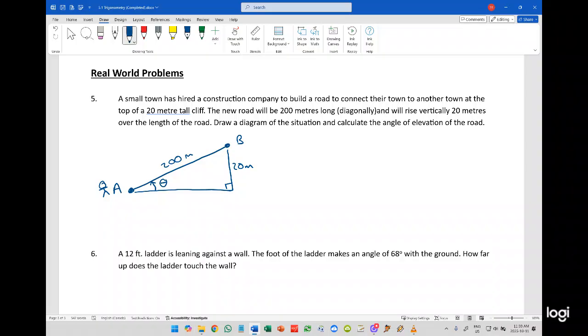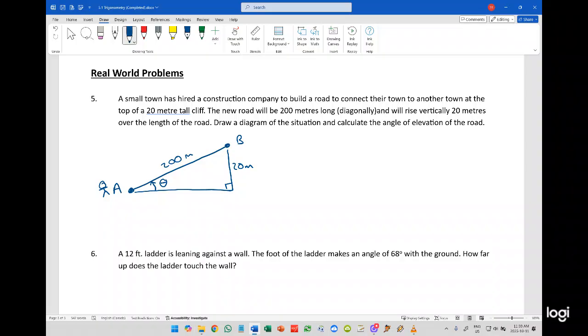We'll talk more about angle of elevation and angle of depression later, but for now I'll tell you that both of them are always measured relative to horizontal, not vertical. So it's basically how far you look up from the horizontal or how far you look down from the horizontal. In this case, definitely an up. By the way, someone in B would have an angle of depression down to town A because they're looking down from their position.